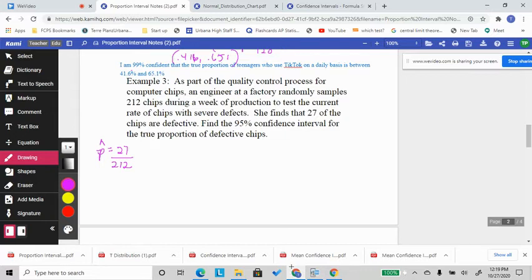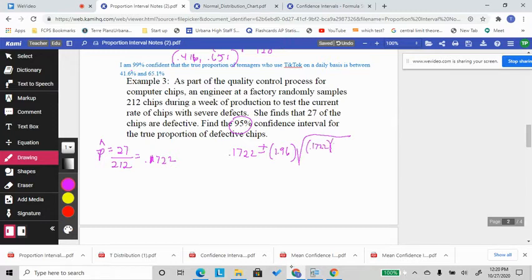All right, so here we go. So the p hat was 0.1722, so approximately 17% were defective. So 0.1722 plus or minus, 95% is 1.96, big square root.